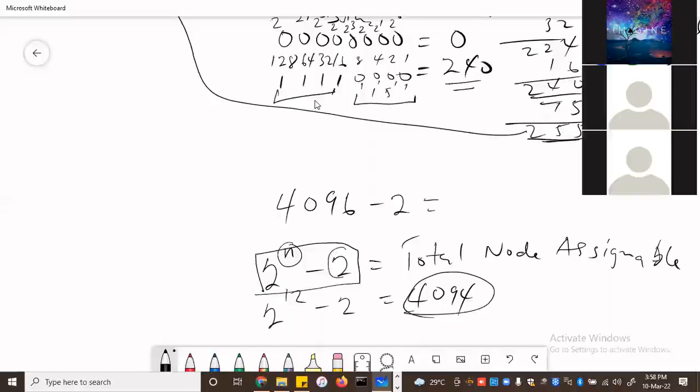And the 2 here represents the network address and the broadcast address. And those 2 cannot be assigned to any device. So we take that out, and then whatever is left is your actual number of IP addresses that you can assign to any given device. So back to the PDF.